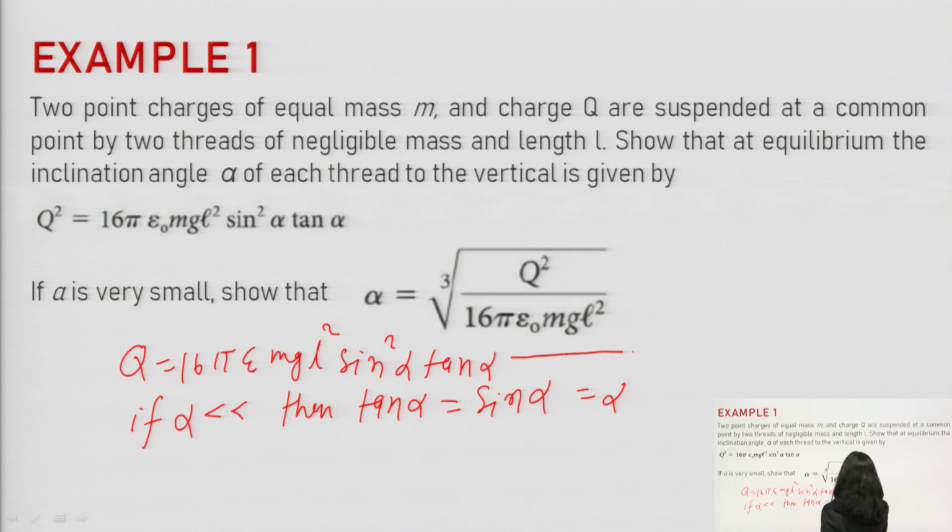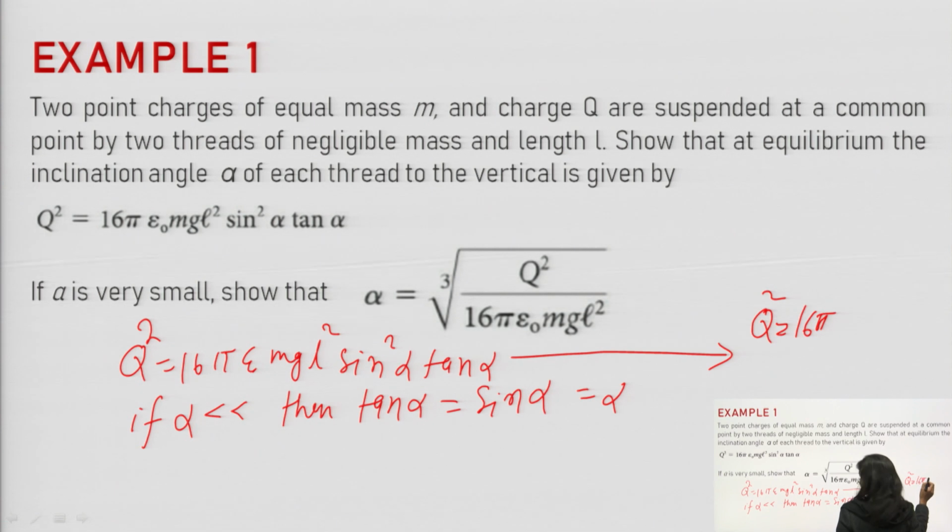So this term reduces to q square is equal to 16 pi epsilon mg L square alpha square and alpha, so it will give alpha to the power 3. So we can write alpha is equal to the cube root of q square by 16 pi epsilon mg L square.